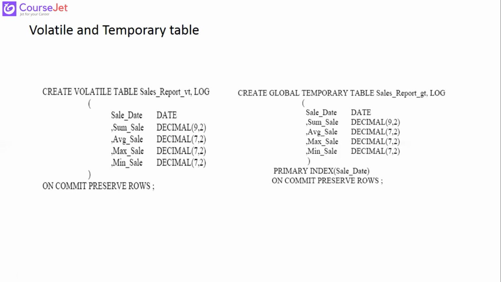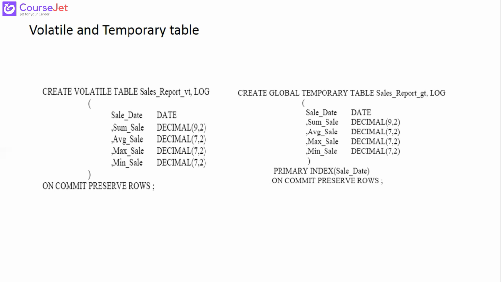Sometimes your select runs for hours. There might be a reason, like a big table is getting fetched and the data gets duplicated. In that case, if we use this volatile table, it will be really fast.